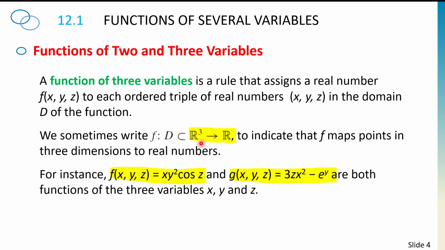So we have the domain in R cubed, and the range will be a real number. For example, I could take a function like f(x, y, z) equals x y squared cosine z. It has three variables. Same thing here: g(x, y, z) equals 3z x squared minus e to the power of y, in any order, but I have all three variables.